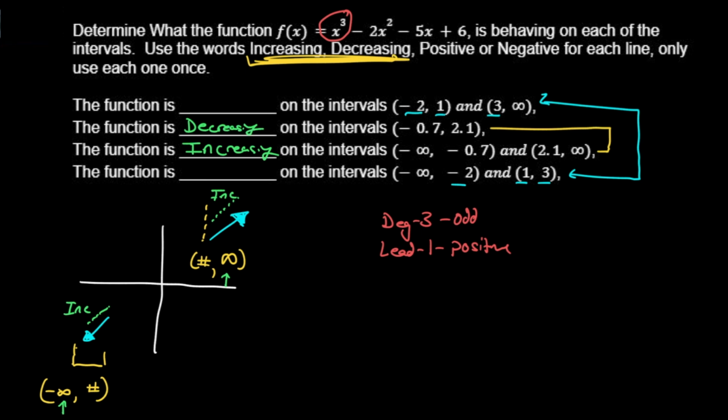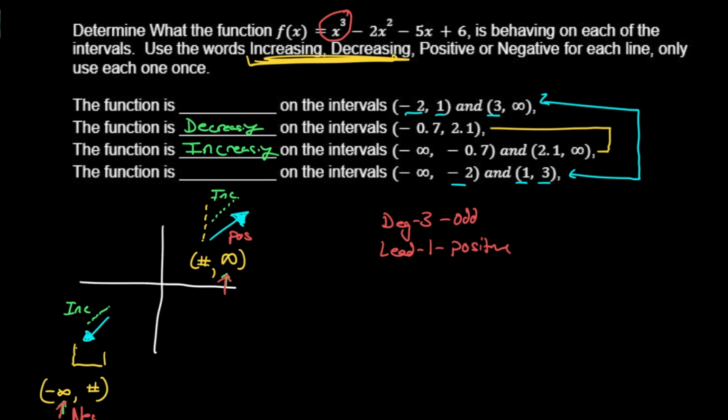Now we just have to look at positive and negative, and based on the end behavior here, this right arrow is above the x-axis, or will be above at some point, so it's positive, and the left arrow is below the x-axis, so this interval is negative. The interval with the negative infinity is negative, and the interval with the positive infinity is positive.